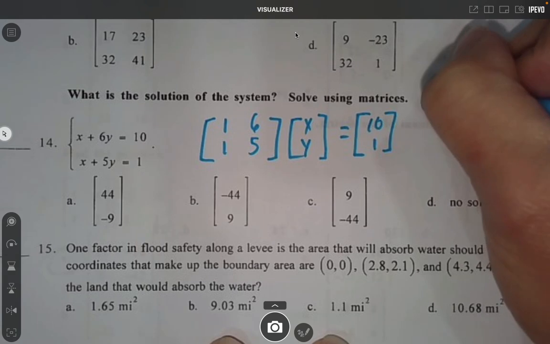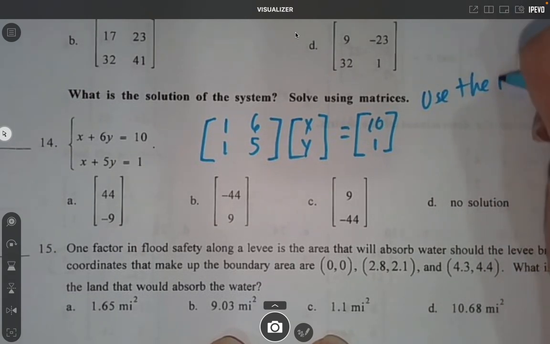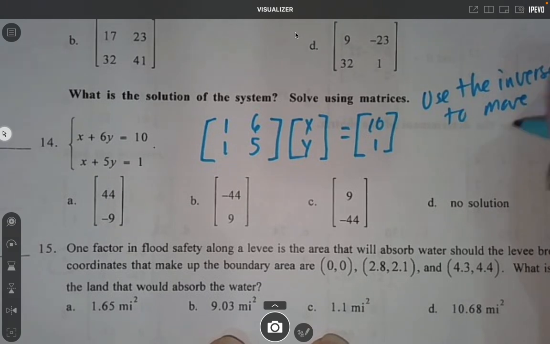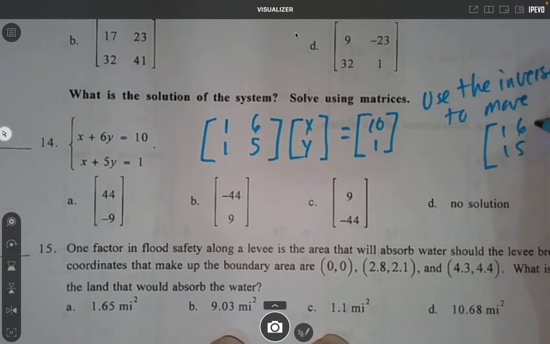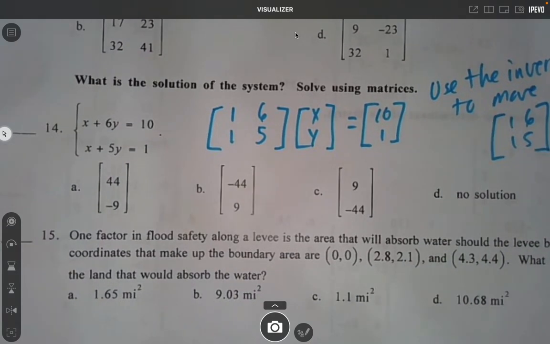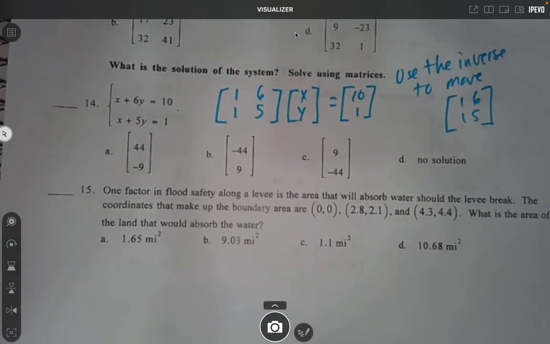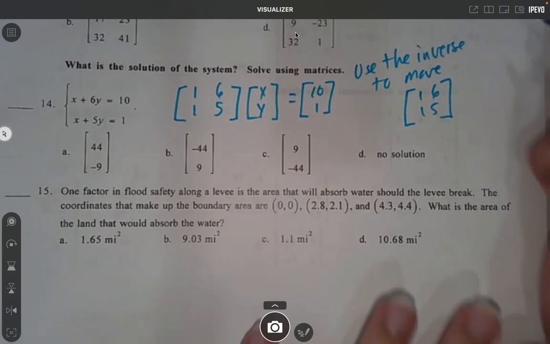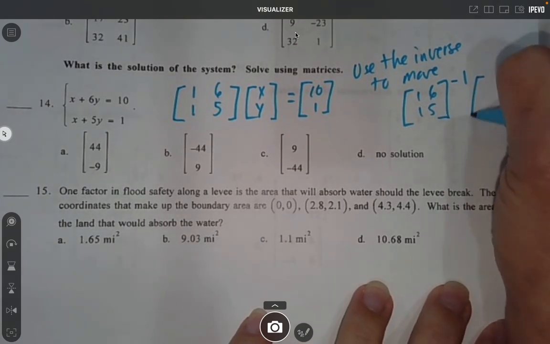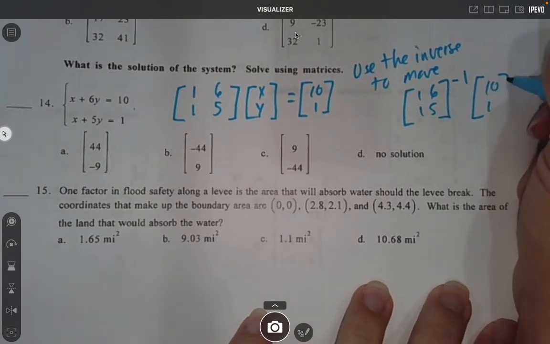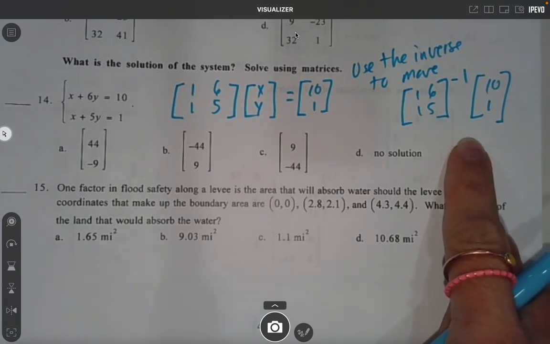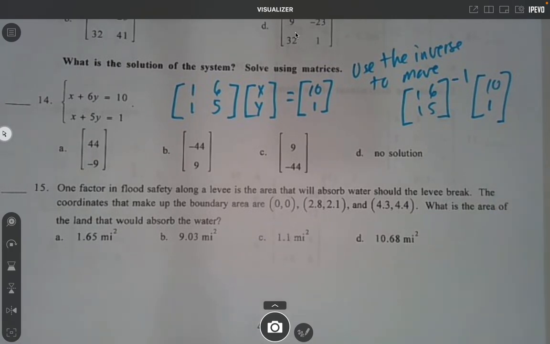If you need to make a note, use the inverse to move this matrix. I would do the inverse times this. Does that make sense, y'all? Do y'all remember doing that? It feels like it's been forever for me, so I don't know how y'all feel.